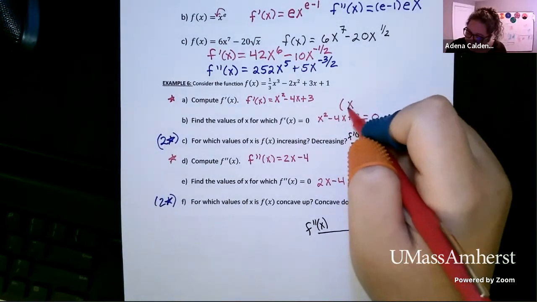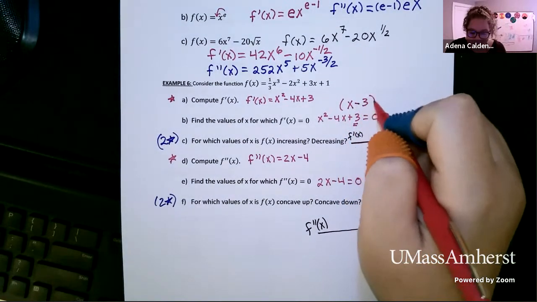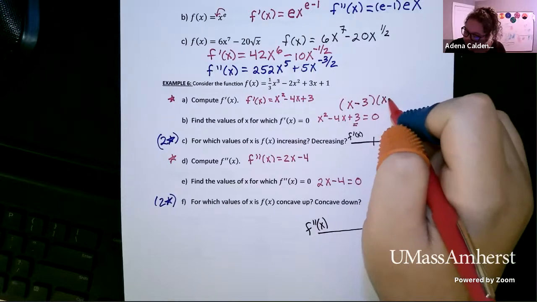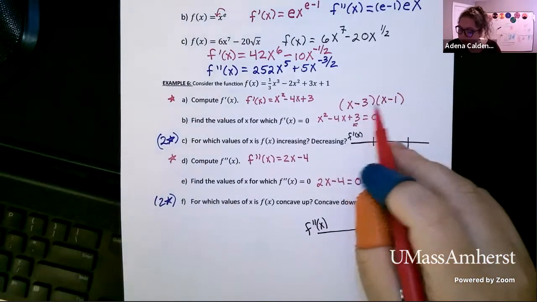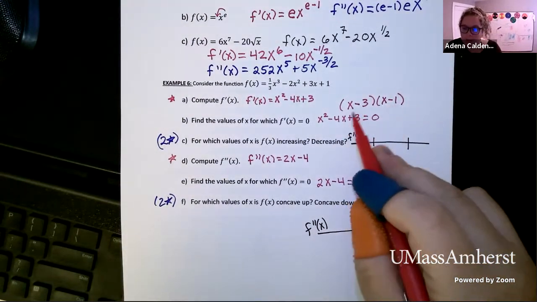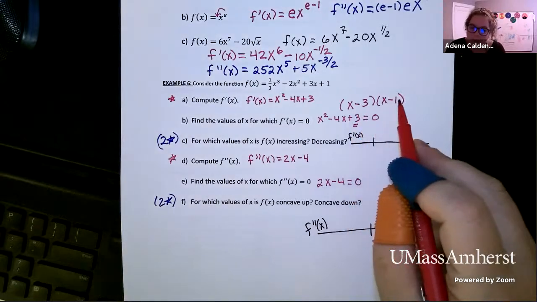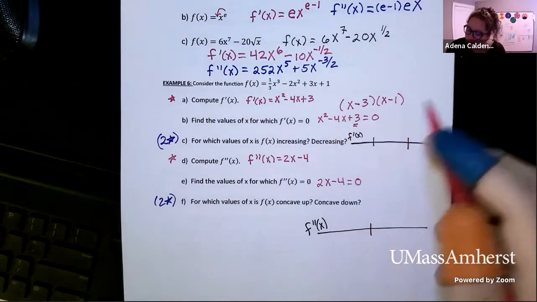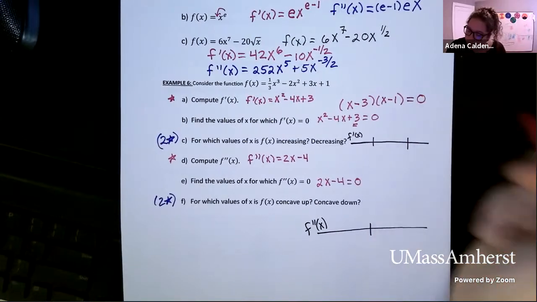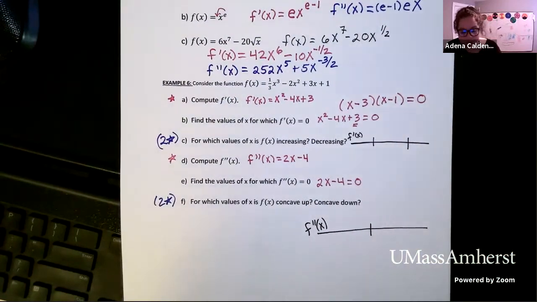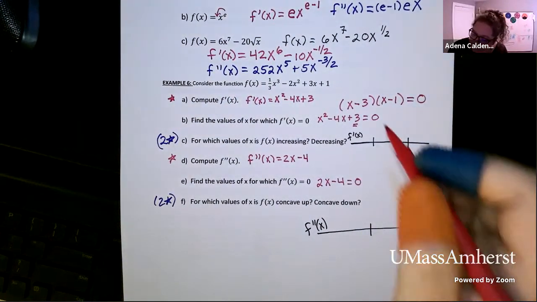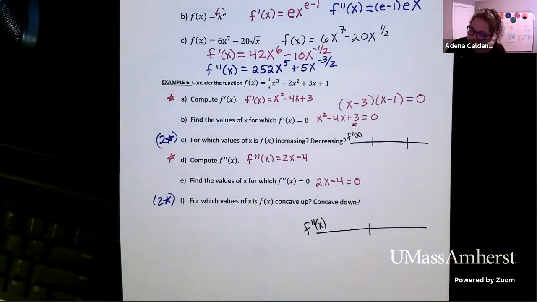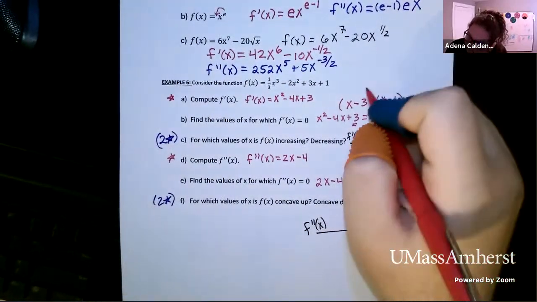So when I factor this, I'm going to have x minus 3, x minus 1. So minus 3 times minus 1 gives me positive 3, but minus 3 plus minus 1 gives me this minus 4. Okay, and so once I've factored it, the reason I want to factor it is because I can set each factor equal to 0. So x minus 3 equals 0.